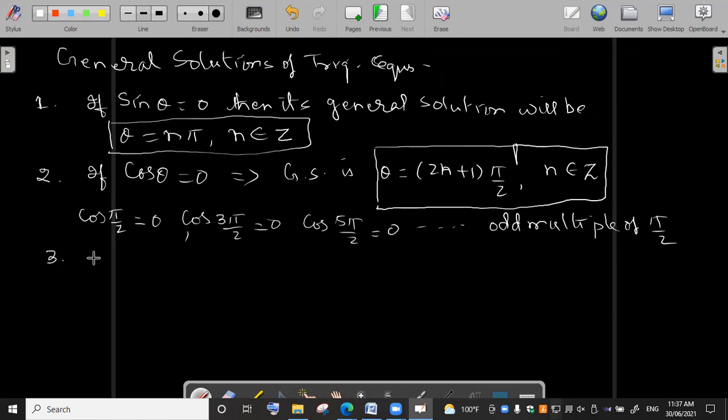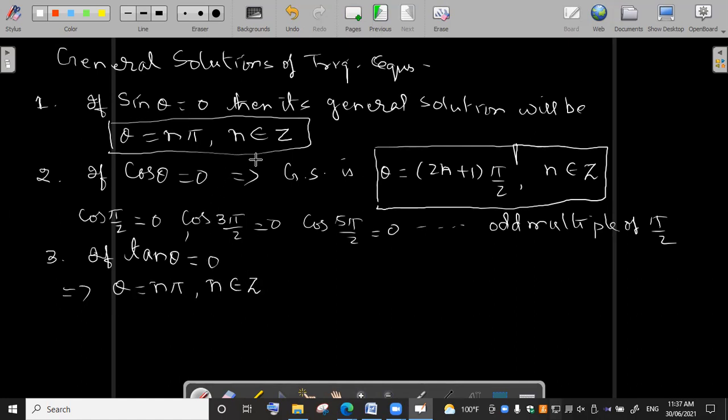Third formula, for tan theta: if tan theta is equal to 0, then the general solution is theta equal to n pi, n belongs to integers.